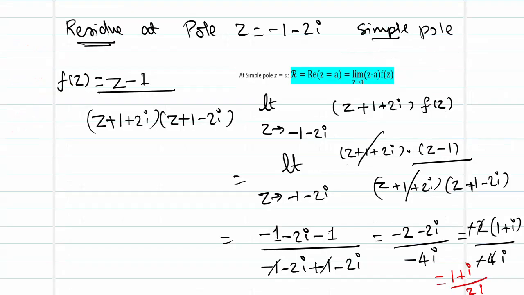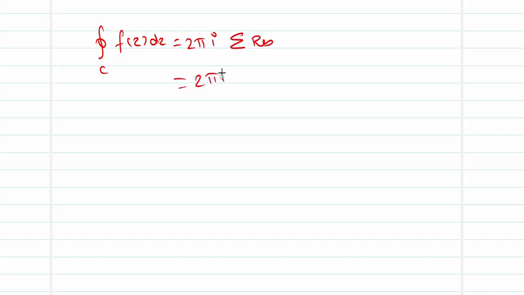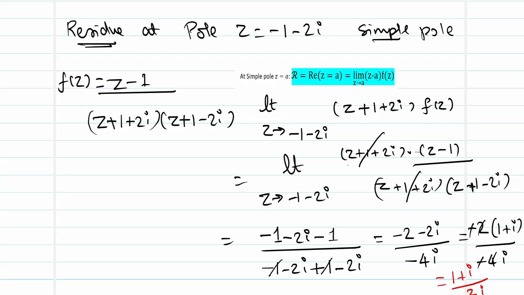So now what happens in the next stage is we can go for the evaluation of the integral of the function f of z dz, which is given by 2 pi i times the summation of my residues. So it is 2 pi i times residue 1 plus residue 2. The residue that lies outside has value 0, and the other residue we had equal to 1 plus i divided by 2i.